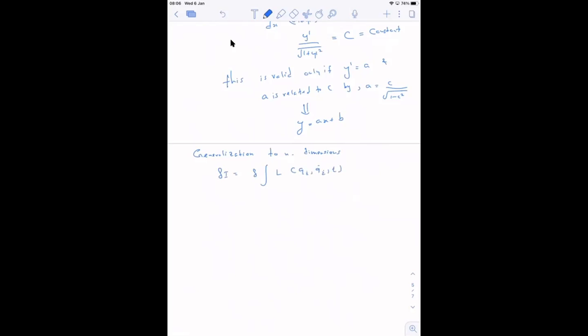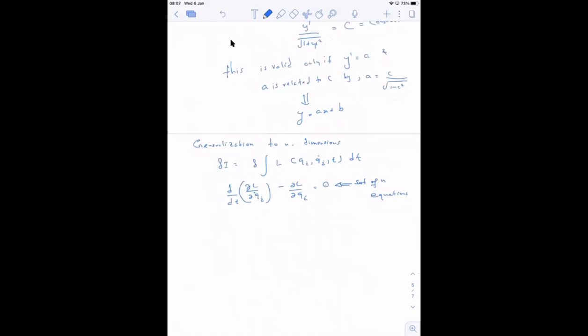This is how I should write it. Then what you would get at the end, after the calculation, is d over dt of ∂L/∂q_i dot minus ∂L/∂q_i equal to 0. Now basically you have a set of n equations here, and these are also the Lagrange equations.